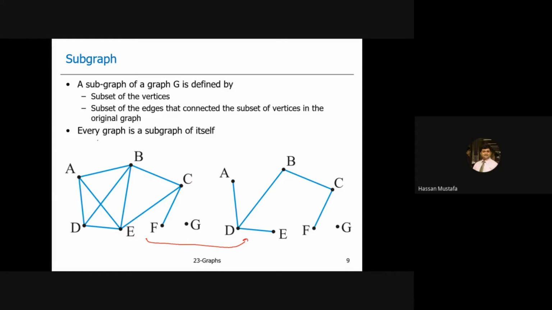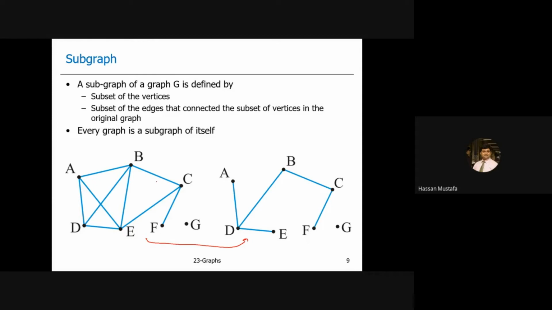Of course, to complete the definition, every graph is a subgraph of itself as well. So after removing any number of edges or vertices from the original graph, we can come up with another graph that is a subgraph of the original graph.